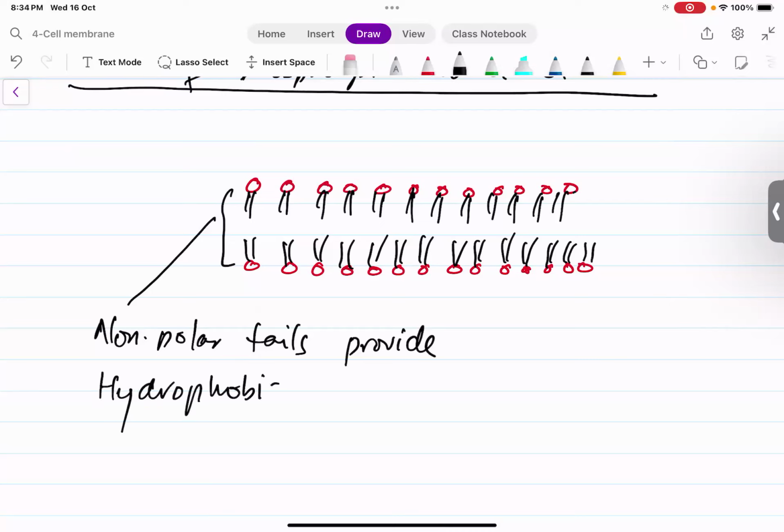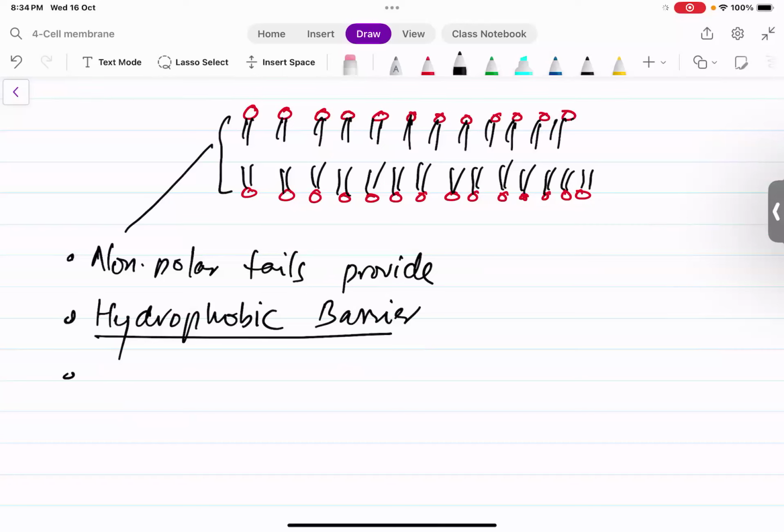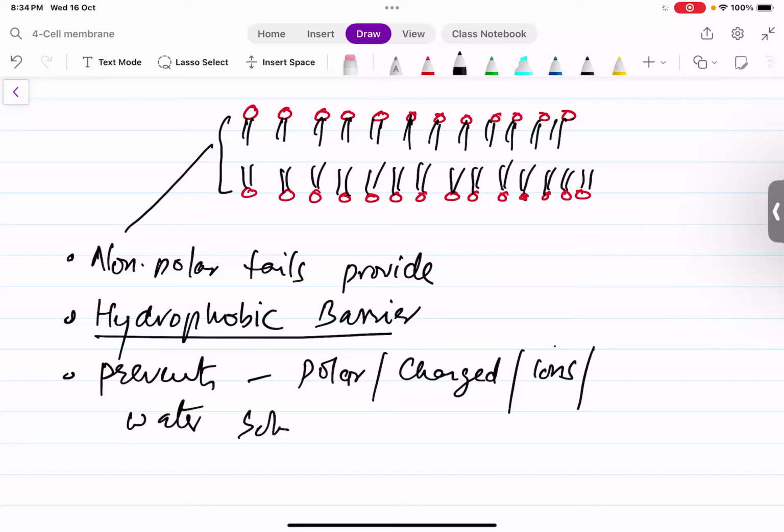This barrier prevents or inhibits polar, charged particles, ions, or water-soluble substances from moving through the phospholipid bilayer.